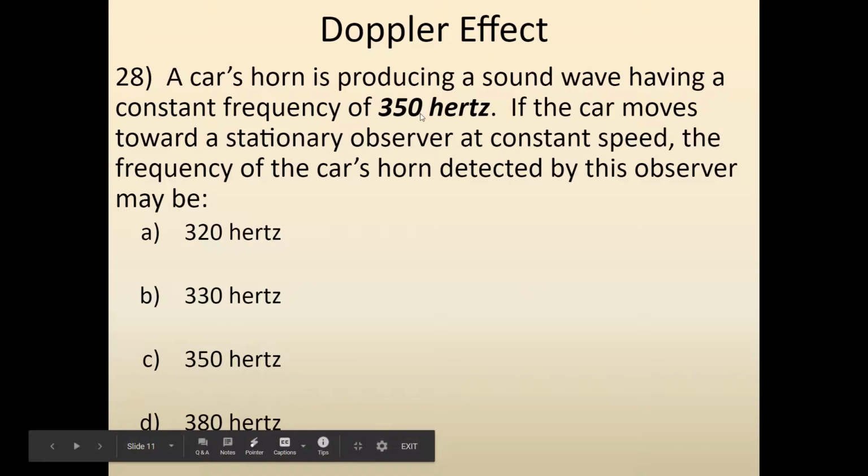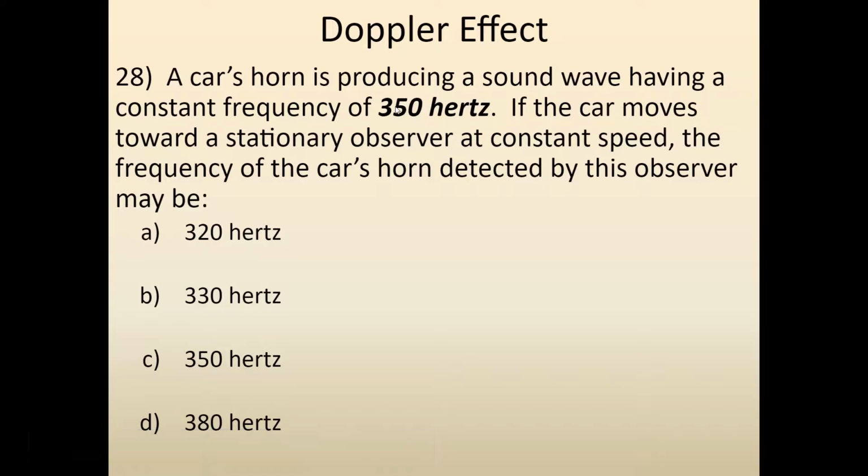Now, one way you could have also figured this out is I told you how to identify if the frequency goes up or down, but I never told you how much it goes up or down. So 320 and 330 are both lower than 350. Because we don't have an equation to calculate anything, you can immediately disregard A and B because technically, if the answer was a decreased frequency, they'd both be viable answers.